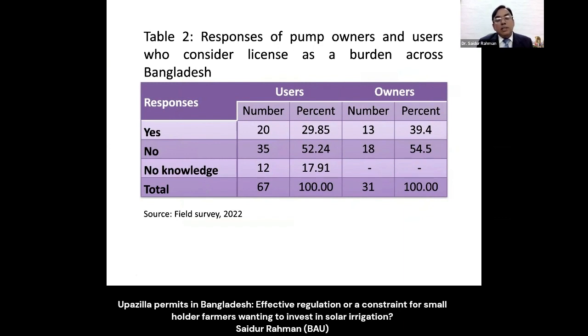They don't think it is a big issue, and they said Upazila permits are somehow better. 52% of farmers are responding that it is not a big burden for them. If they follow the instruction from the agriculture officer, it would be okay. Even from the owners, we are getting a higher response that it is not a burden for them. But there are some different perceptions also, which I will mention later.